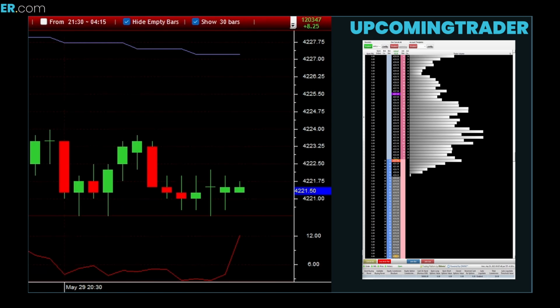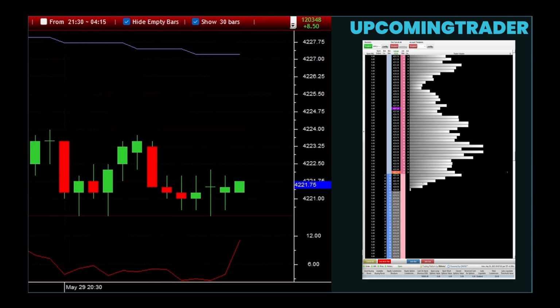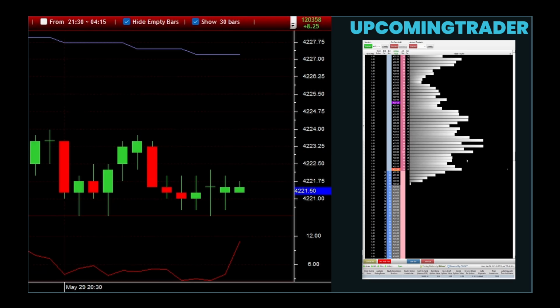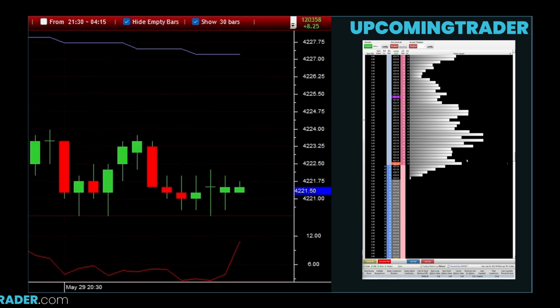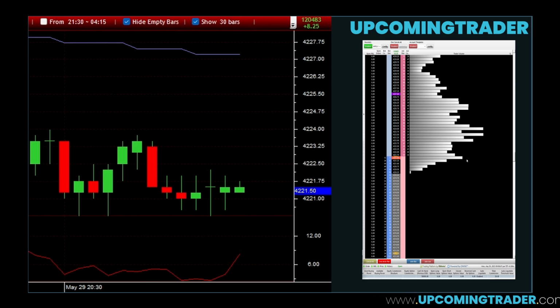Flags and pennants are continuation patterns that indicate that the market is taking a brief pause before continuing the previous trend. A flag pattern resembles a small rectangle slanting against the trend after a sharp move.